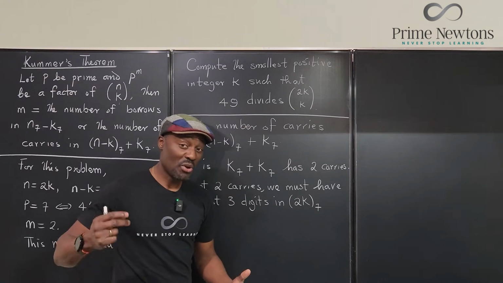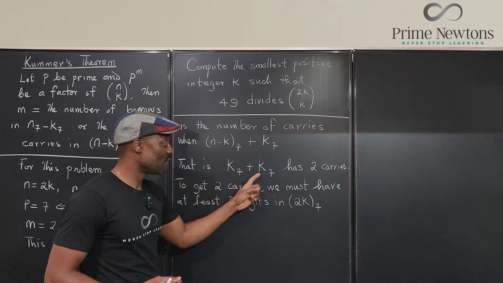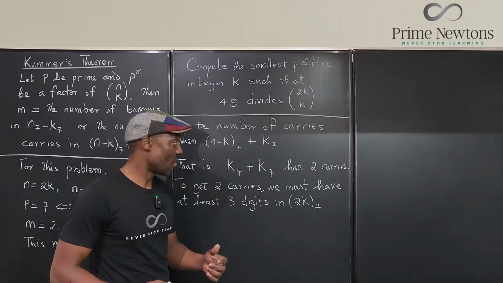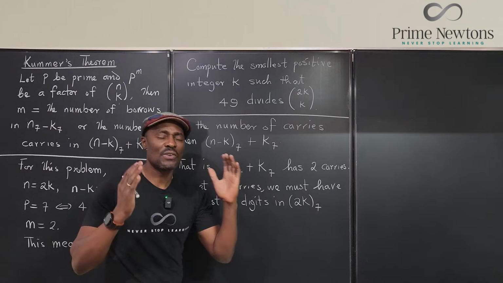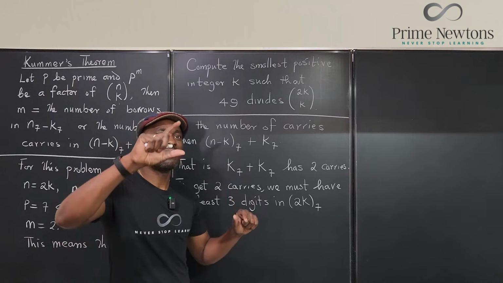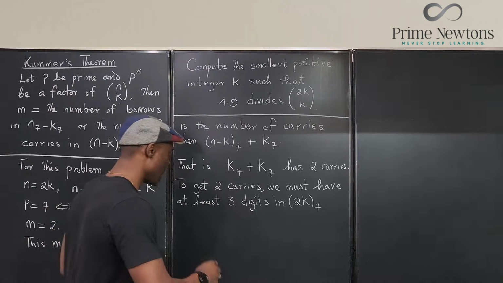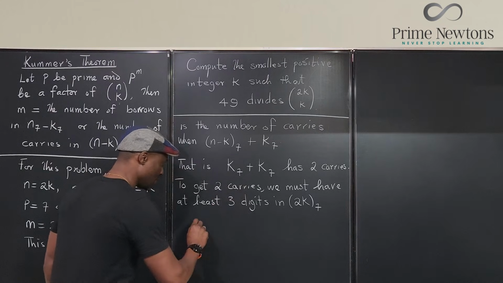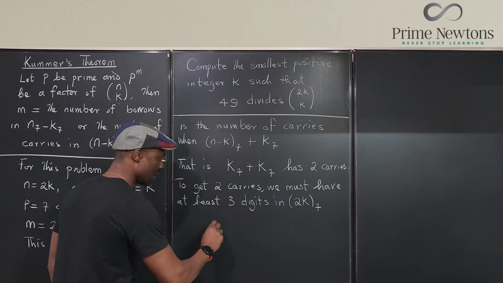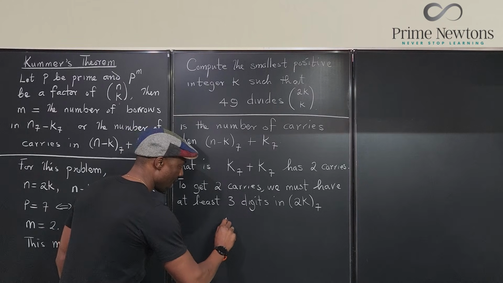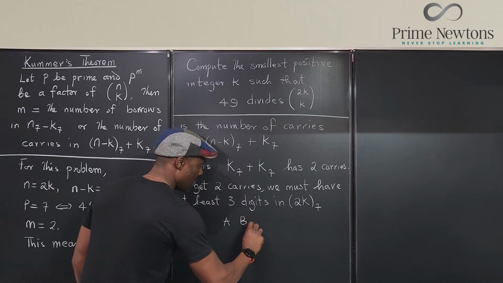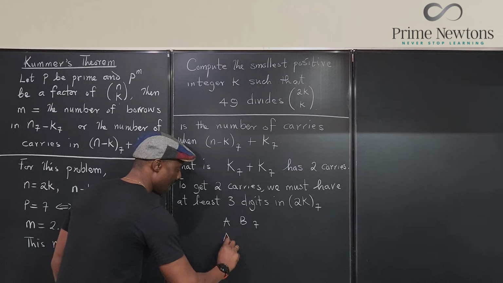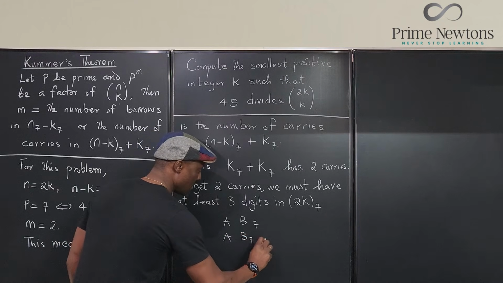Another thing that makes this problem easy is that the two numbers we're trying to add together are the same. So you have to start imagining, if I have to have a carry on the first digit, so watch what happens. Let's say k base 7 plus k base 7 will end up becoming, let's say, a b base 7 added to a b base 7.